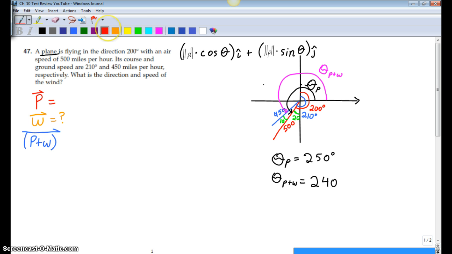Nonetheless, we have our theta P, so we can go ahead and take this equation for our vector P. Magnitude of P, again, is just the speed, 500, times cosine of theta. Our theta was 250. That's our i hat component.